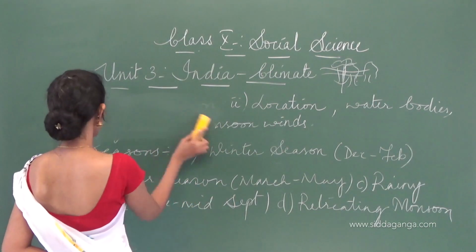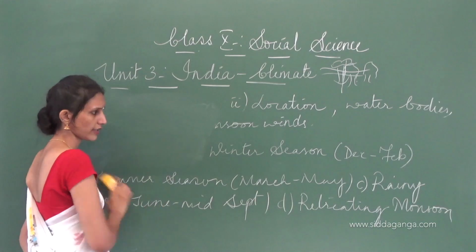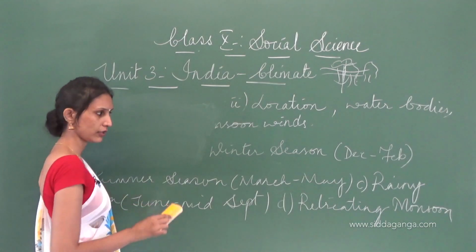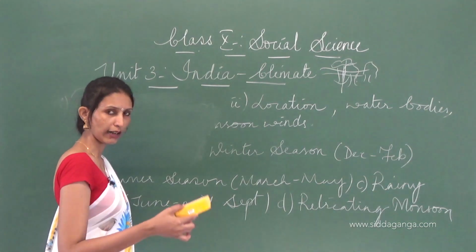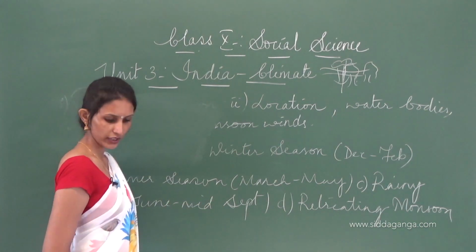So these are the 4 seasons that are there. Winter, December to February. Summer, March to May. Rainy is June to mid-September, halfway of September. Retreating monsoon.